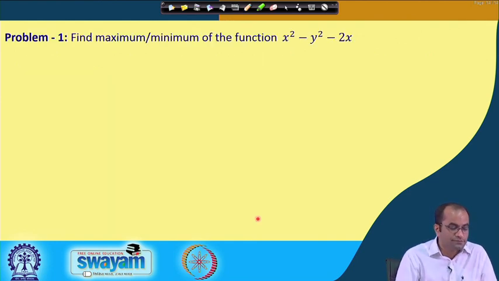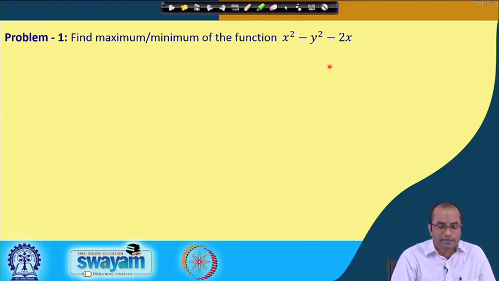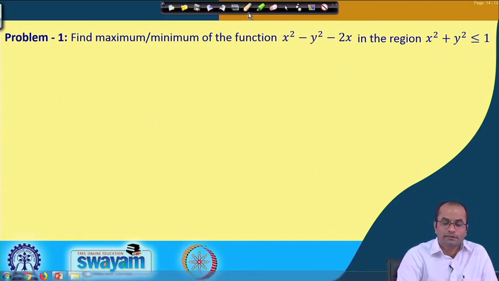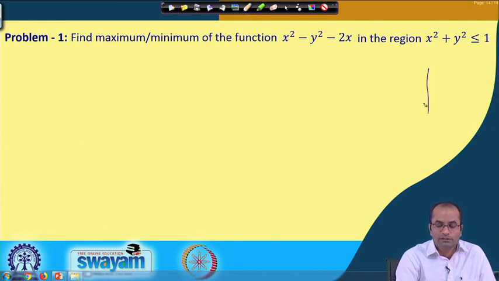We want the maximum and minimum of the function x square minus y square minus 2x in the region x square plus y square less than or equal to 1. So, the constraint is given: we want to find the maximum and minimum of this function under the condition that (x, y) satisfies x square plus y square less than or equal to 1.